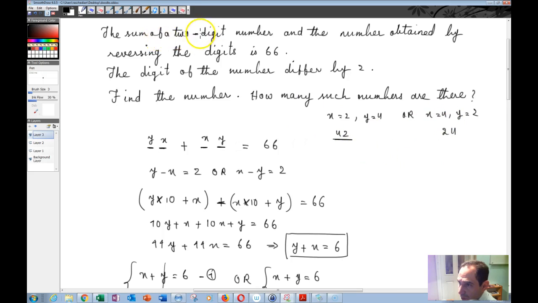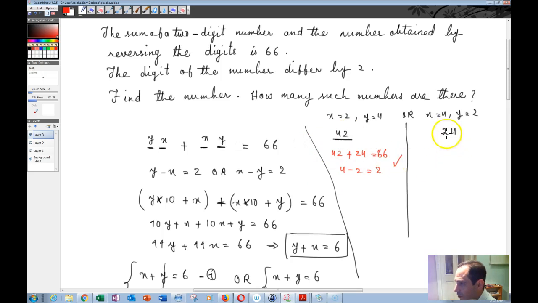Now if you take this original number, 24, and reverse the digits, you get 66 when added, and the digits of the number of course differ by 2, because 4 minus 2 is equal to 2. So that's one valid answer.